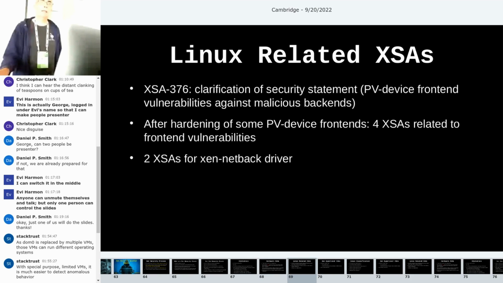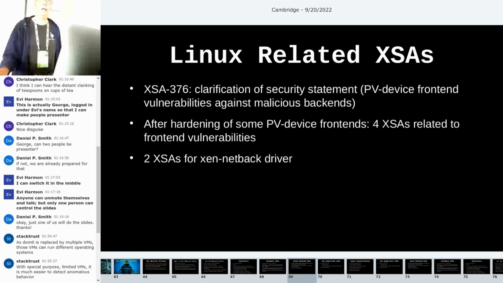Then we had the already mentioned Linux-related XSAs, which started this year basically with XSA 376, clarifying the security statement. So which PV device front ends are regarded to be vulnerable against their backends or not.